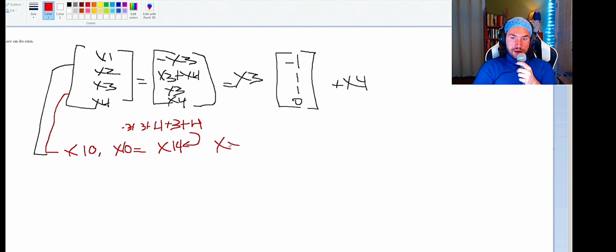So X14 equals X3 and then plus X4. So we end up with 14, 15, 16, 17, 18, 19, 20, 21.